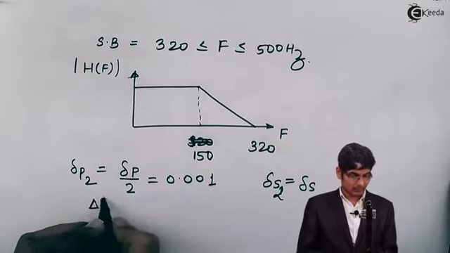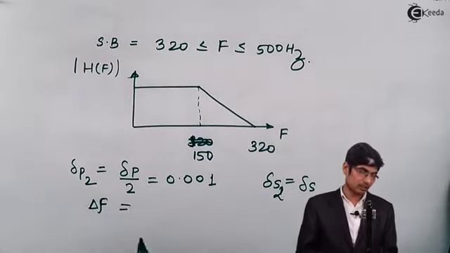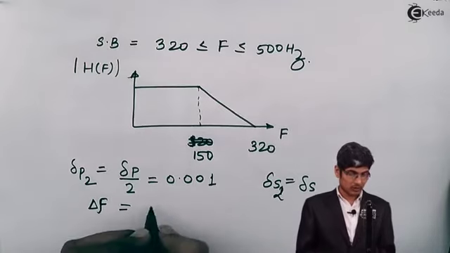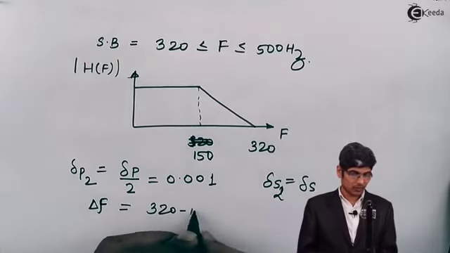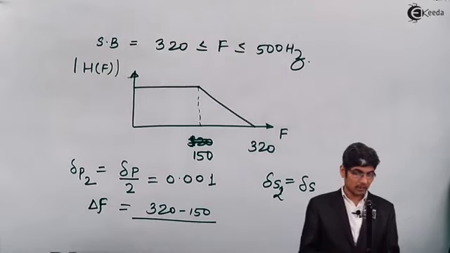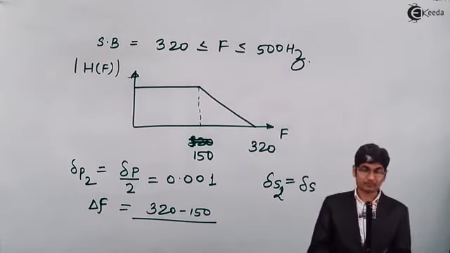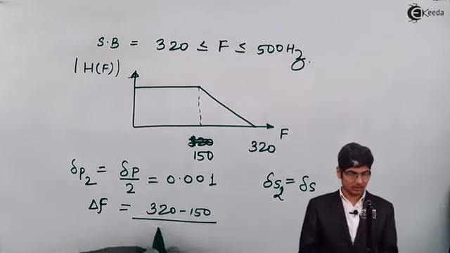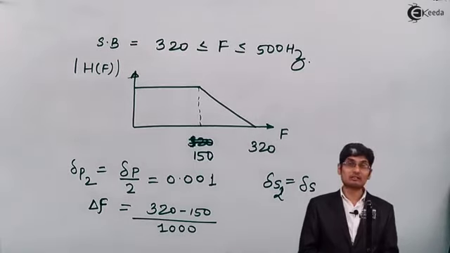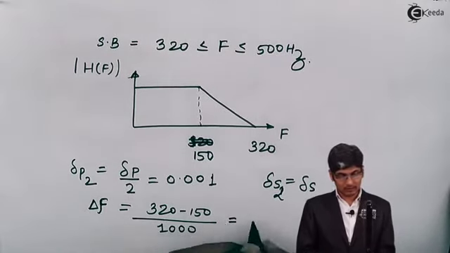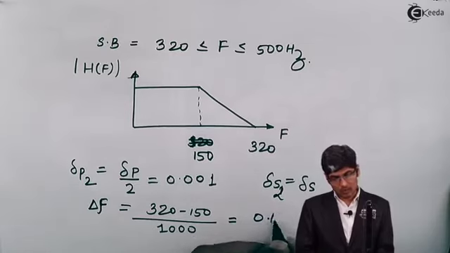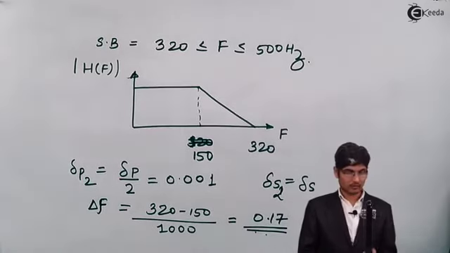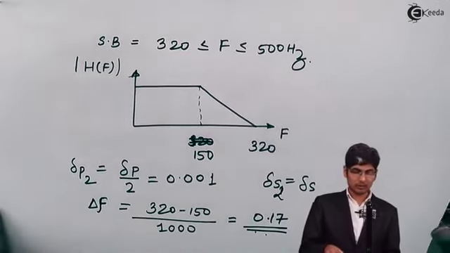What will be delta F in this case? Delta F will be the transition, 320 minus 150, divided by the input sampling rate at this stage, which is 1000, isn't it? So that comes as 0.17.